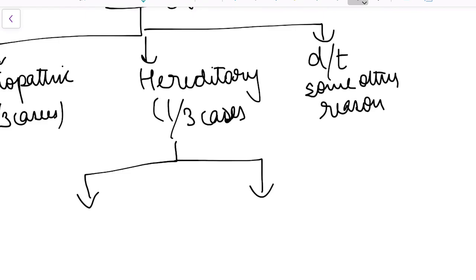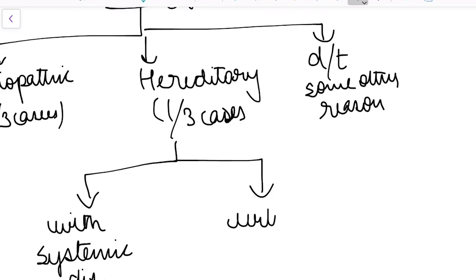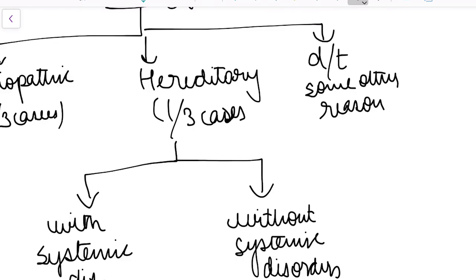Okay, inherited cases with systemic disorders or without systemic disorders, right?